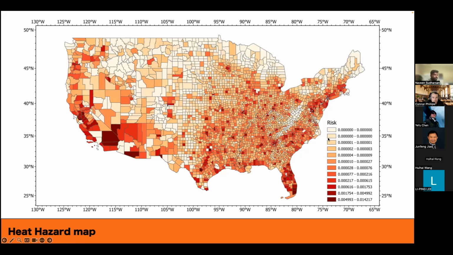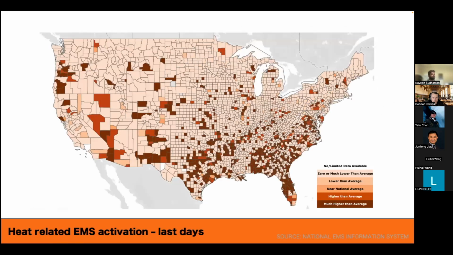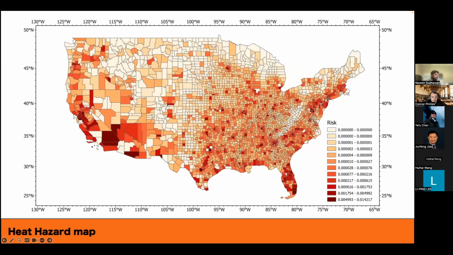This is how the emergency activations happened in the last 30 days. We know that the last 30 days were very hot. If you look at it, it almost coordinates with what we have in the risk map.